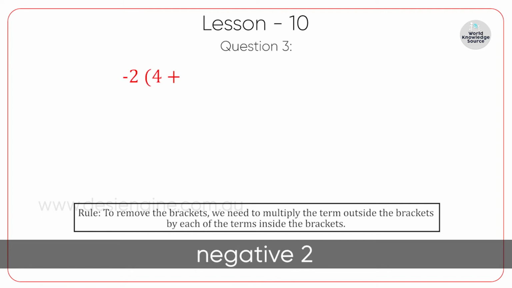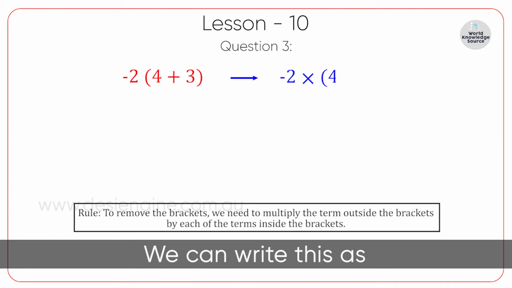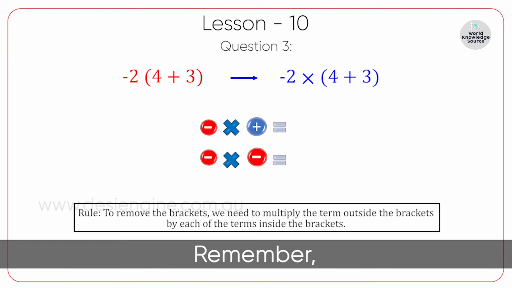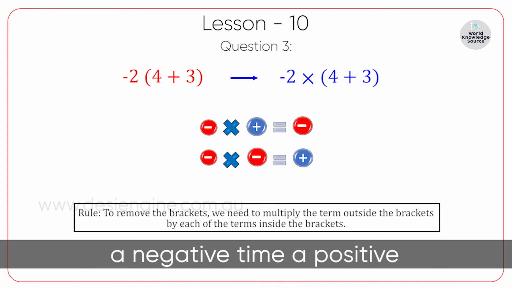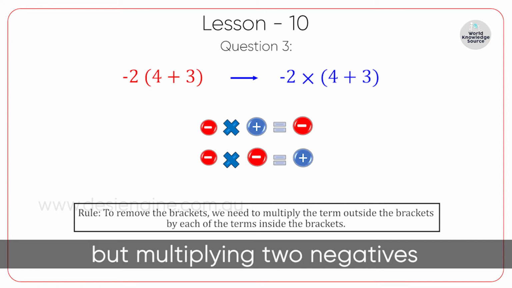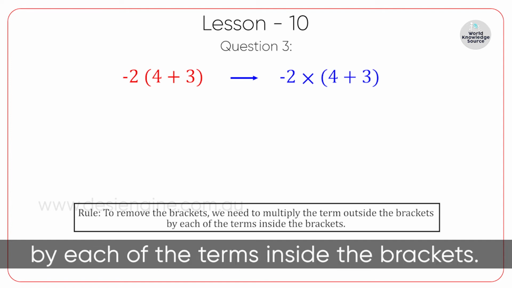Question 3. -2(4 + 3). We can write this as negative 2 times (4 + 3). Remember, multiplying negatives has special rules. A negative times a positive gives a negative, but multiplying two negatives gives a positive. The rule said, to remove the brackets, we need to multiply the term outside the brackets by each of the terms inside the brackets.